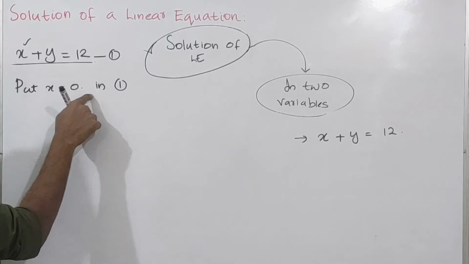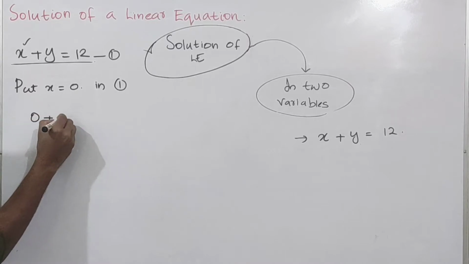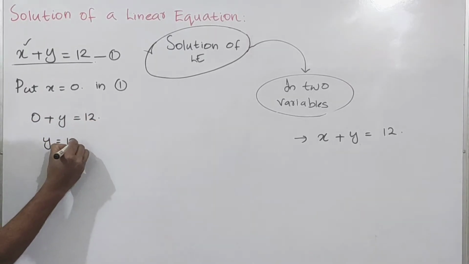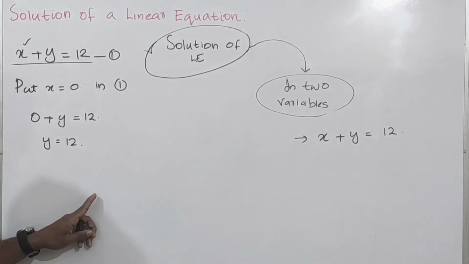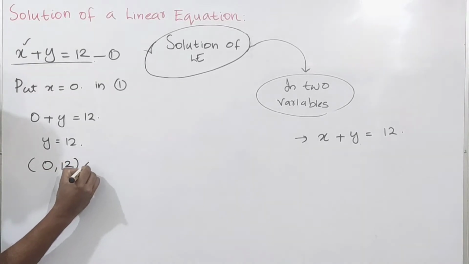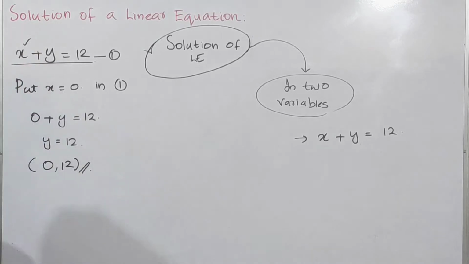So what happens? 0 plus y is equal to 12, or y is equal to 12. Thus, when x is equal to 0, y is equal to 12. So we will get a solution (0, 12). So this one is a solution of this equation x plus y is equal to 12.